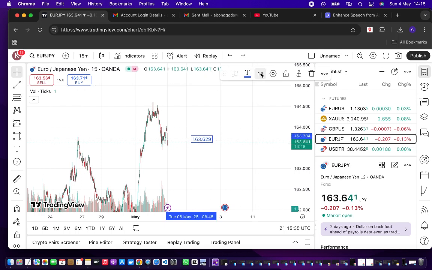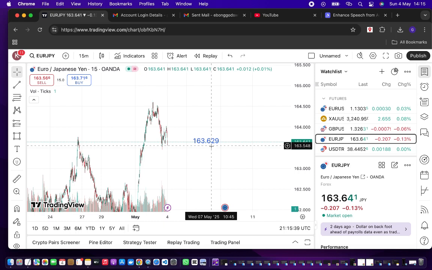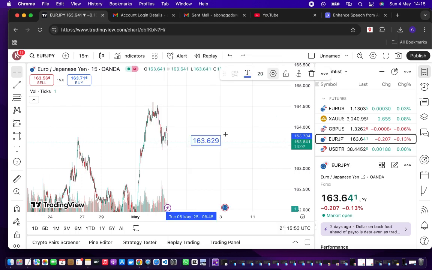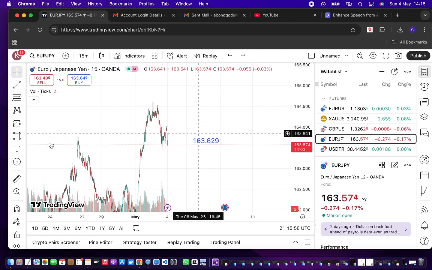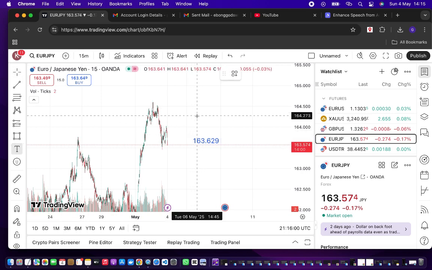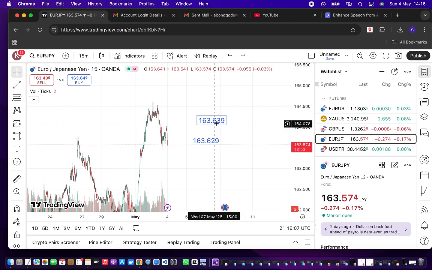Let me try to increase this a bit so we can all see. Alright guys, to calculate the change in market value of minor pairs, we pay attention to the second number after the decimal point. So if EUR/JPY changes its market value from its current 163.629 to 163.639, obviously this is an increase.